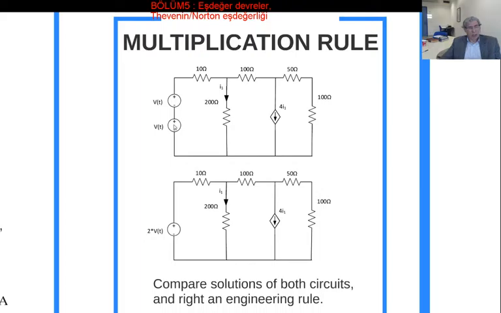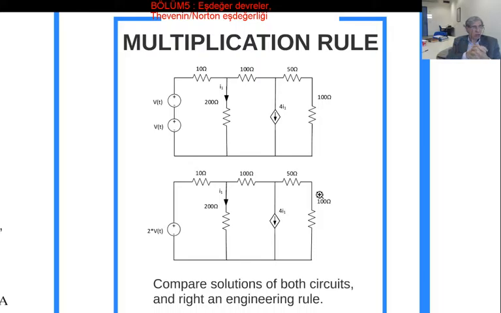What does this mean in practice? If you say that the independent source is multiplied by M, that means all the currents and voltages are going to be multiplied by M in your circuit.